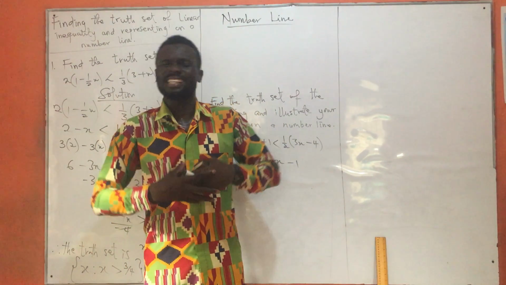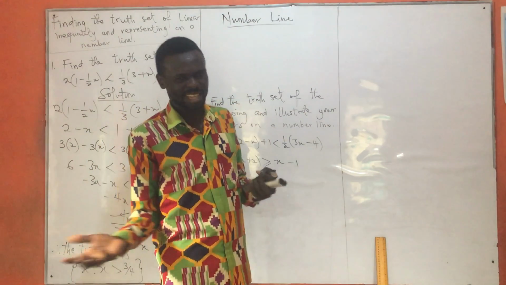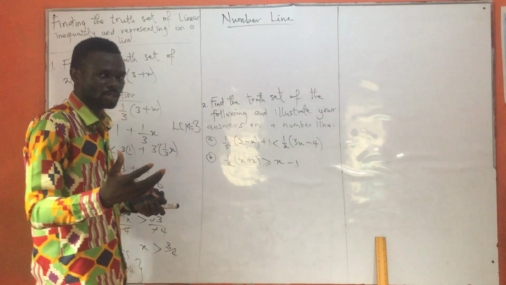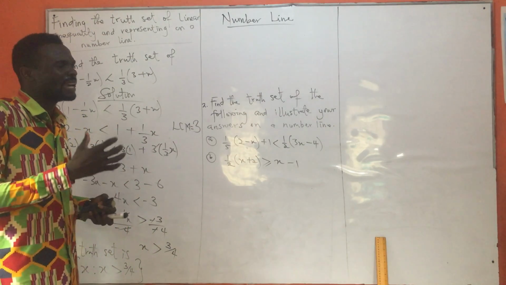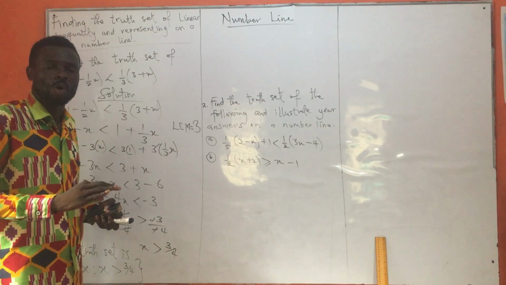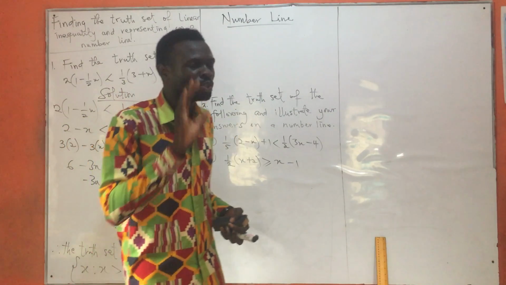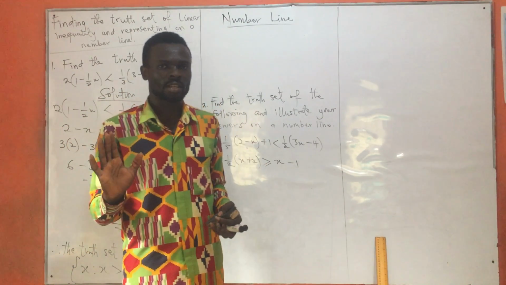Now, number line is a term that we've heard numerously in primary 5 or 6. Now, when it comes to linear inequality, the number line we use, the numbers on the line are not scaled, are not given.